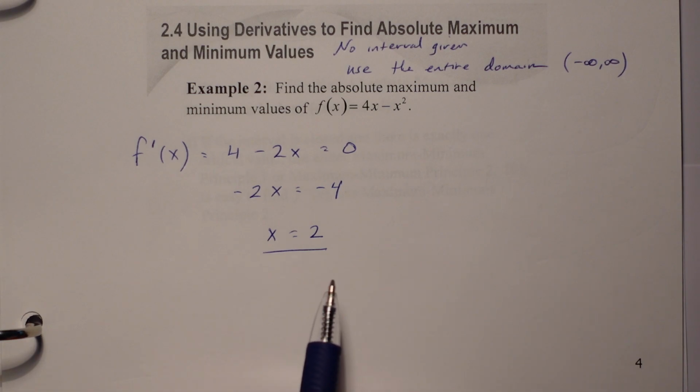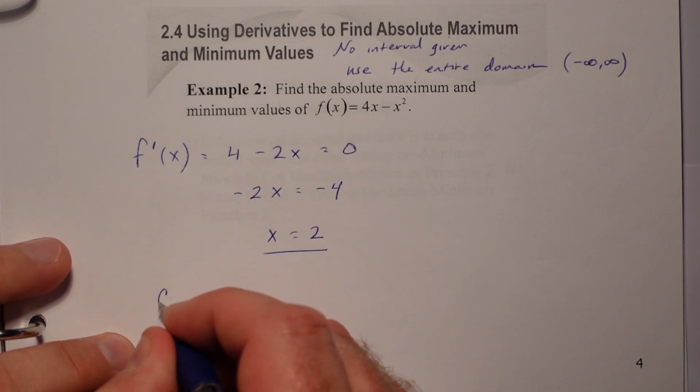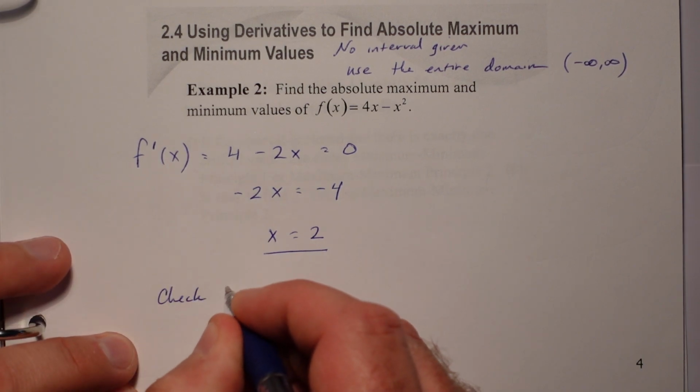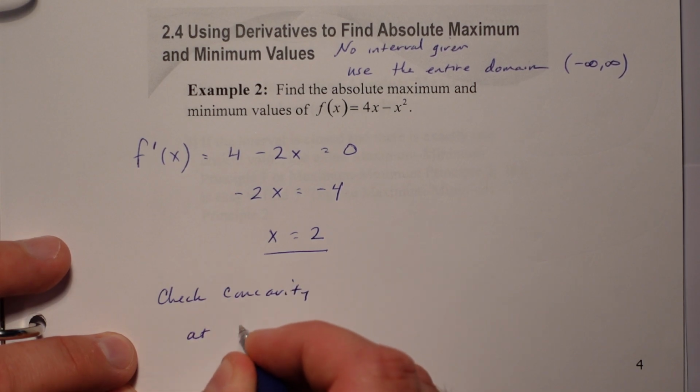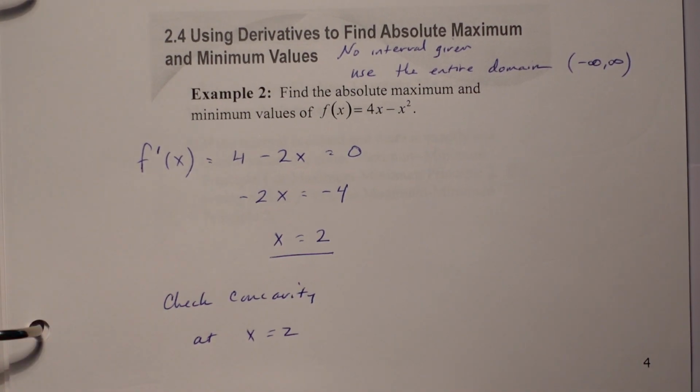So all we're going to do here is check concavity at x equals 2. And the concavity will tell us if this is the location of a maximum or a minimum. And of course, concavity comes from our second derivative.